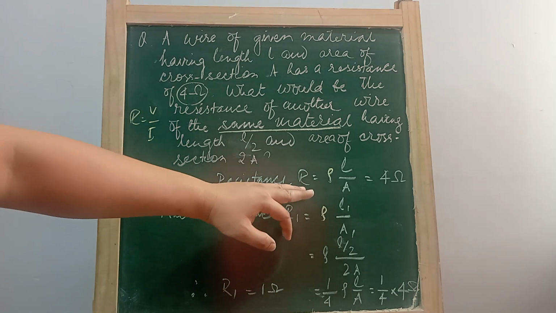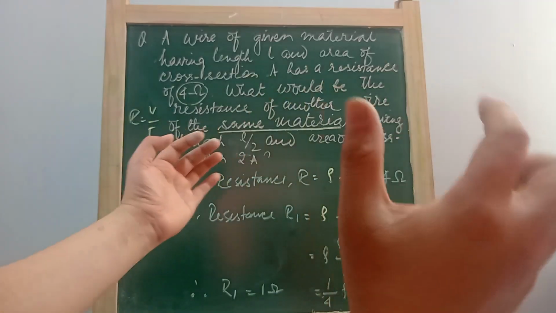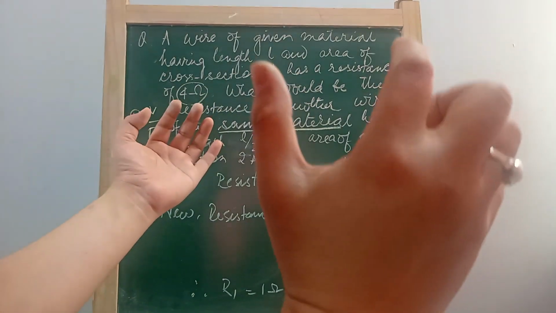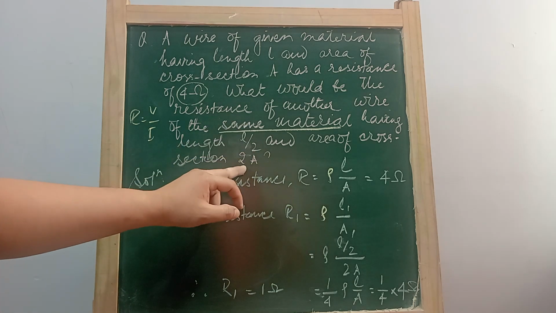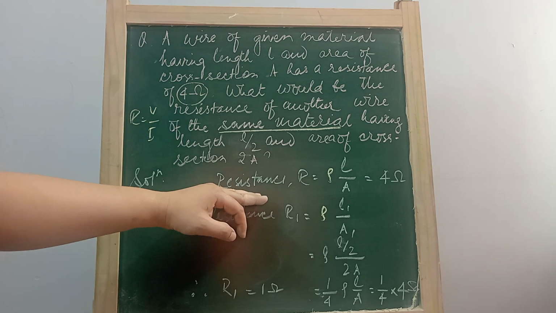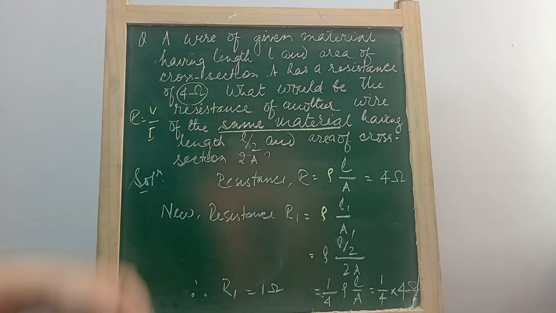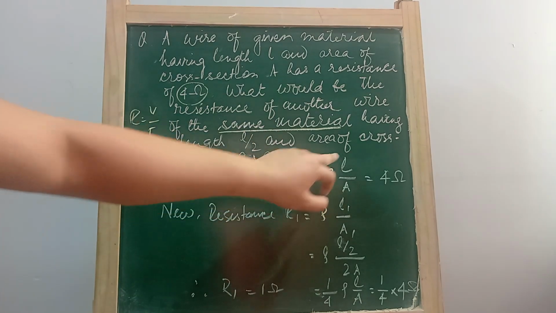You can see it like this also. Resistance is inversely proportional to area. If the area becomes more, its resistance will decrease. In this case the area of cross section has increased, so resistance will decrease. It will be less than 4 ohms. In addition, what happened to length? Resistance is proportional to length.